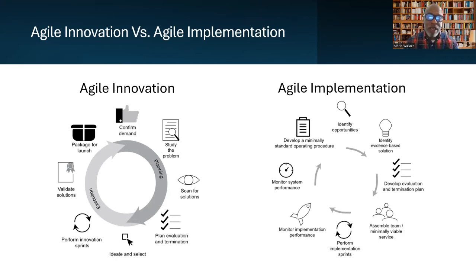And when you identify some level of success, then you take that particular sprint project, you validate the solution, and you package it for launch.